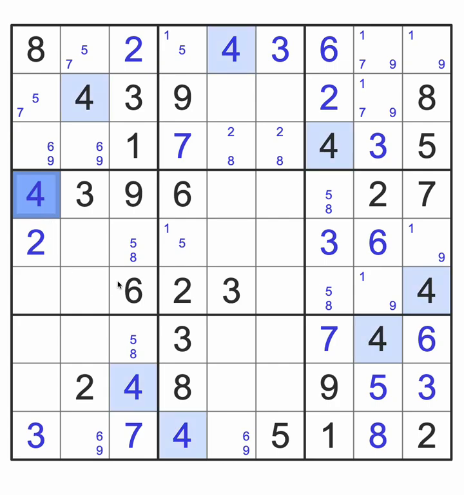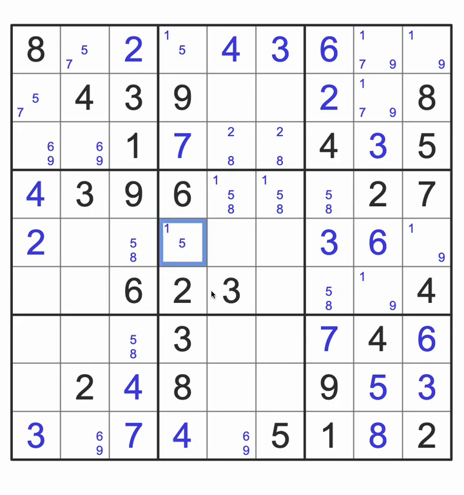And the next step is also a little bit tricky. Here's 1. So this row is missing 1. Or I should say these are 1, 5, 8. But because this one blocks here, row 4 has to have 1 in one of these 2 cells, because this cannot be 1.